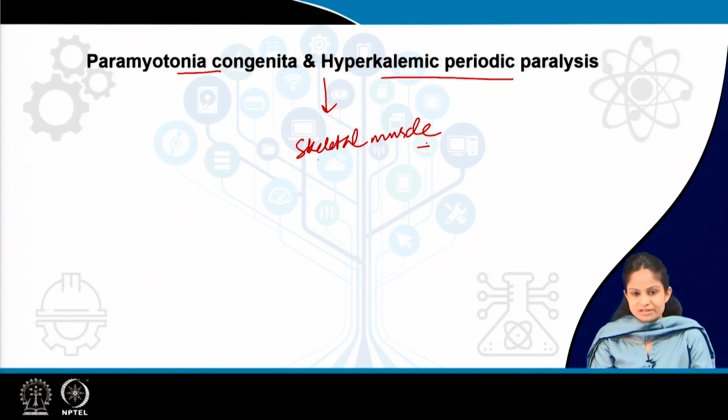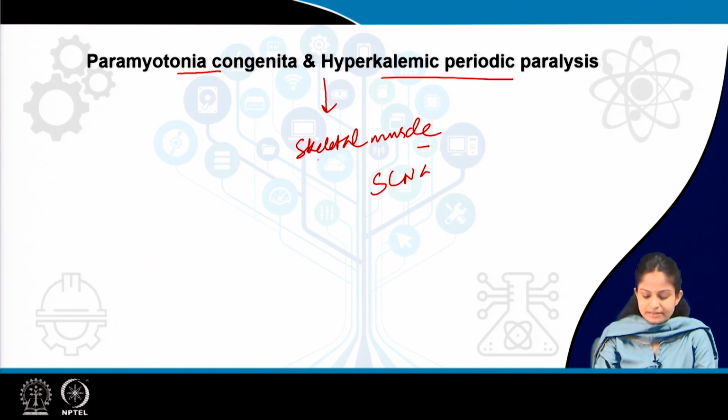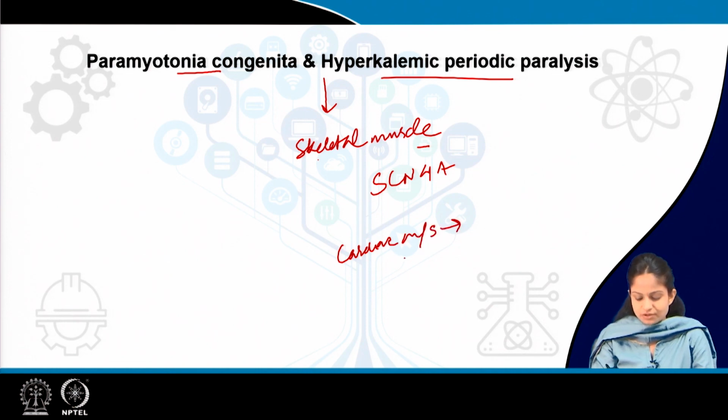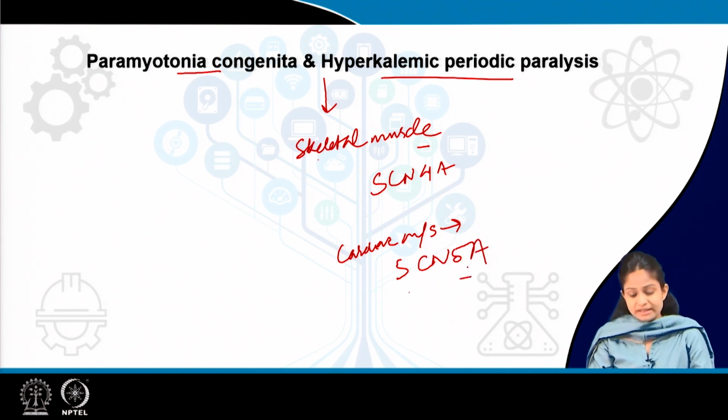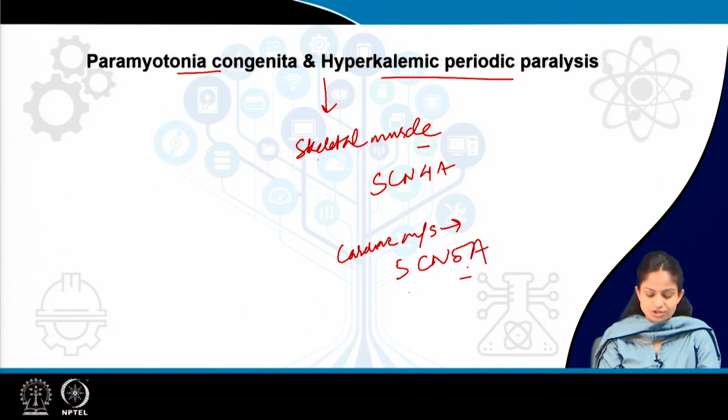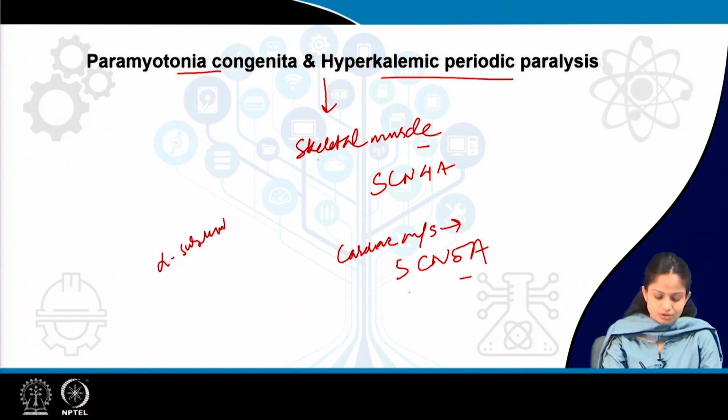When we talk about the sodium channels of skeletal muscle, the gene which encodes them is SCN4A, and when we talk about the cardiac muscle, the gene which encodes them is SCN5A. So, this we have to remember. In both hyperkalemic periodic paralysis and paramyotonia congenita, the alpha subunit of the sodium channel gets disrupted.